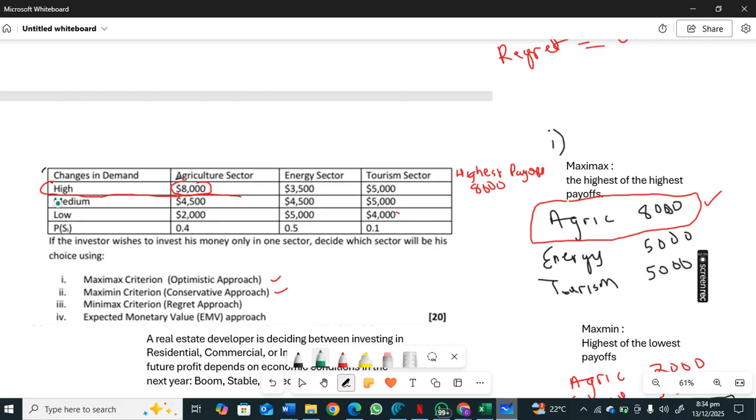We go to the mid. When demand is medium, we're going to look for the highest payoff. Agriculture it's 4,500, energy sector it's 4,500, tourism is 5,000. So the highest payoff here is 5,000.